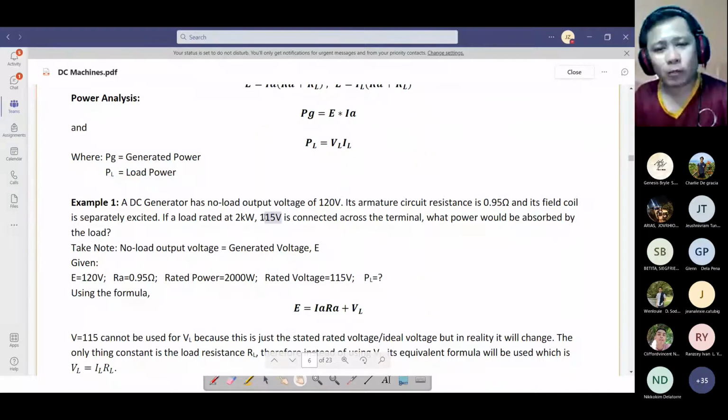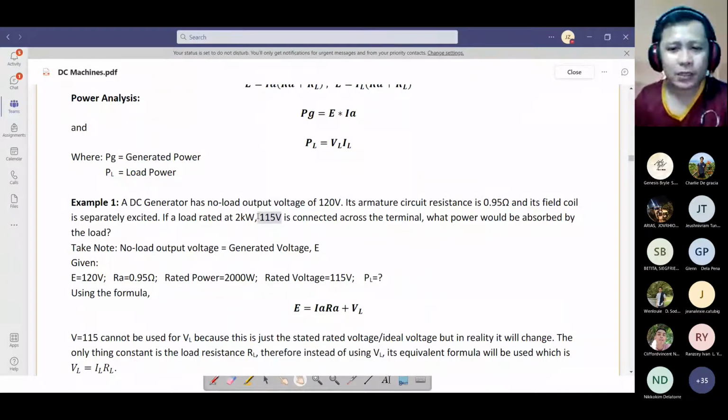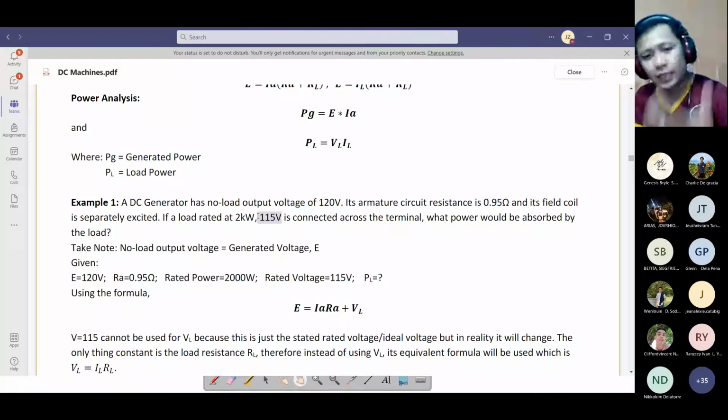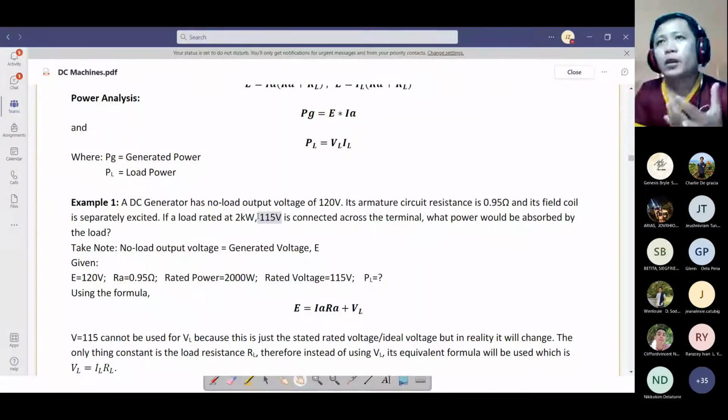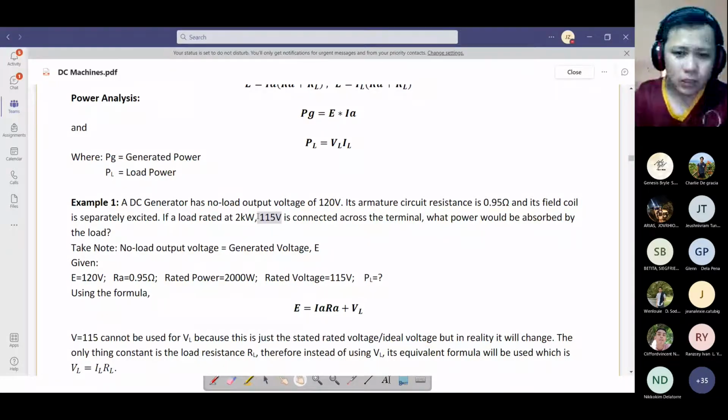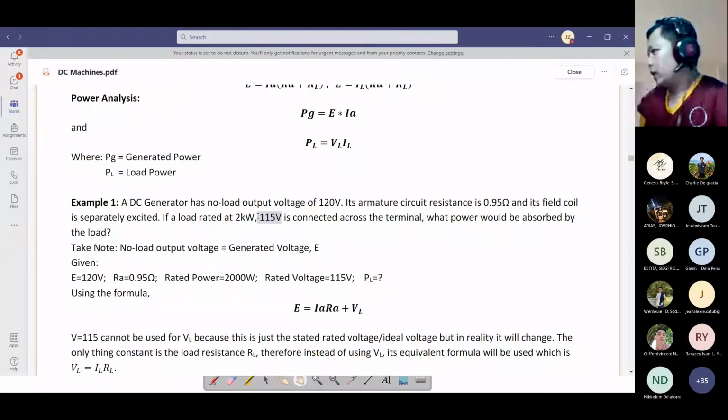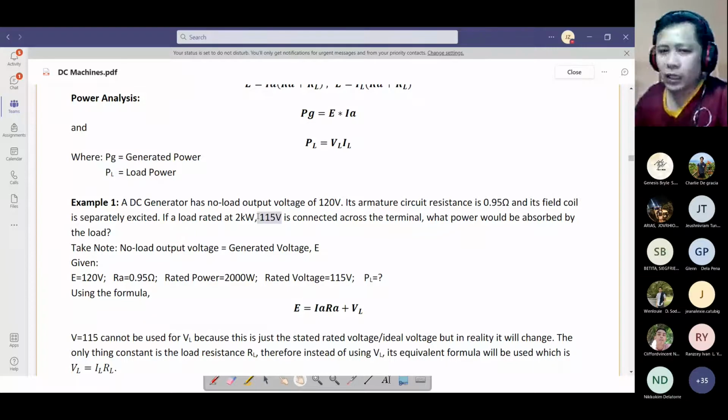We will only assume VL is constant if the problem states that the load connected is at rated voltage. The load connected is operating at rated voltage.